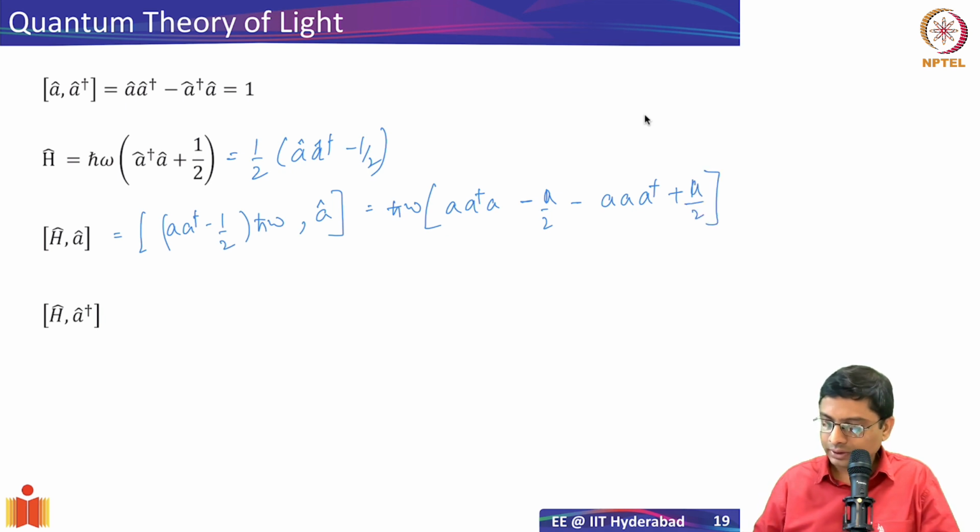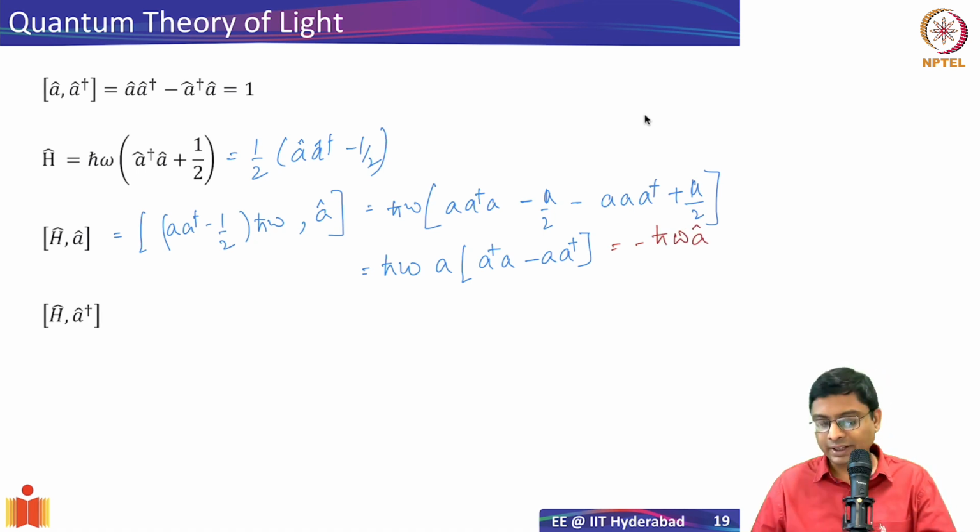If I do this, effectively I'm getting h cross omega into, I can take out a, and then I'll get a dagger a minus a dagger a. Okay, so that will turn out to be equal to minus h cross omega a.